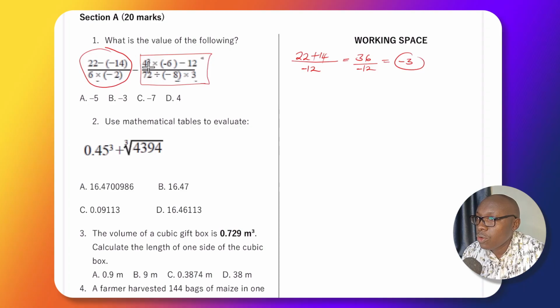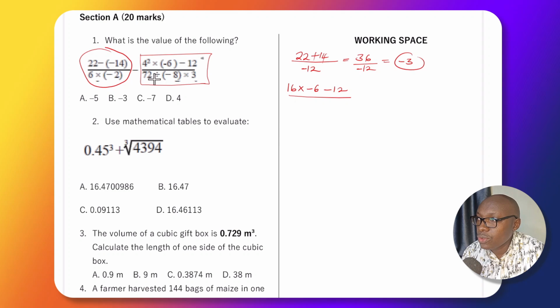You have 4 squared, and 4 squared is 4 times 4, which is 16. Then multiply by negative 6, and then you subtract 12, everything divided by 72 divided by negative 8. You can see here we have a mixture of division and multiplication.